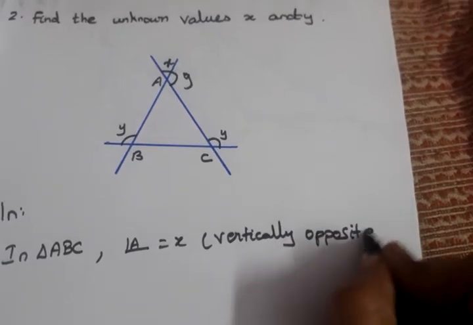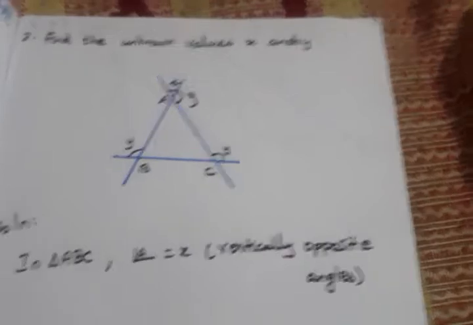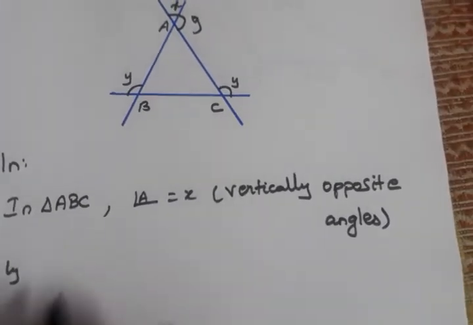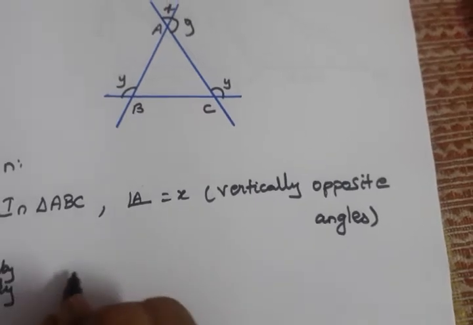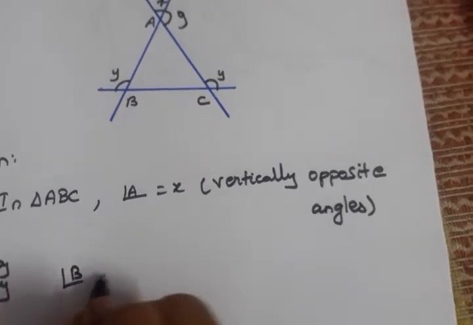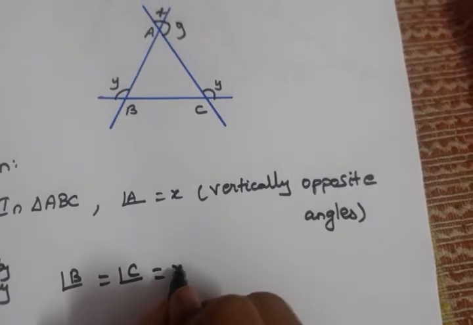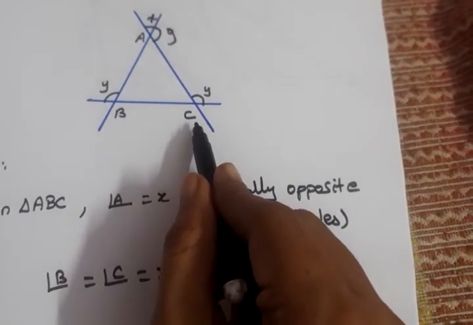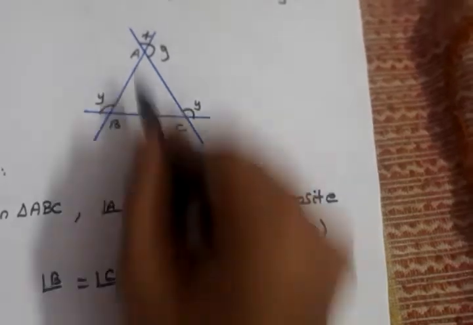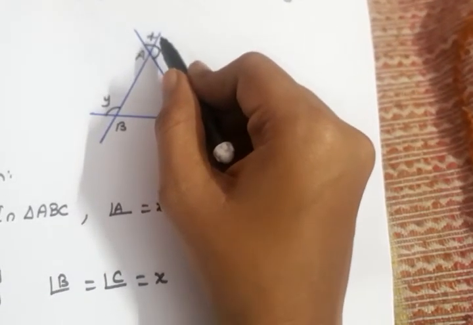Similarly, angle B equals angle C equals angle x. So two sides are equal, and those values are x.